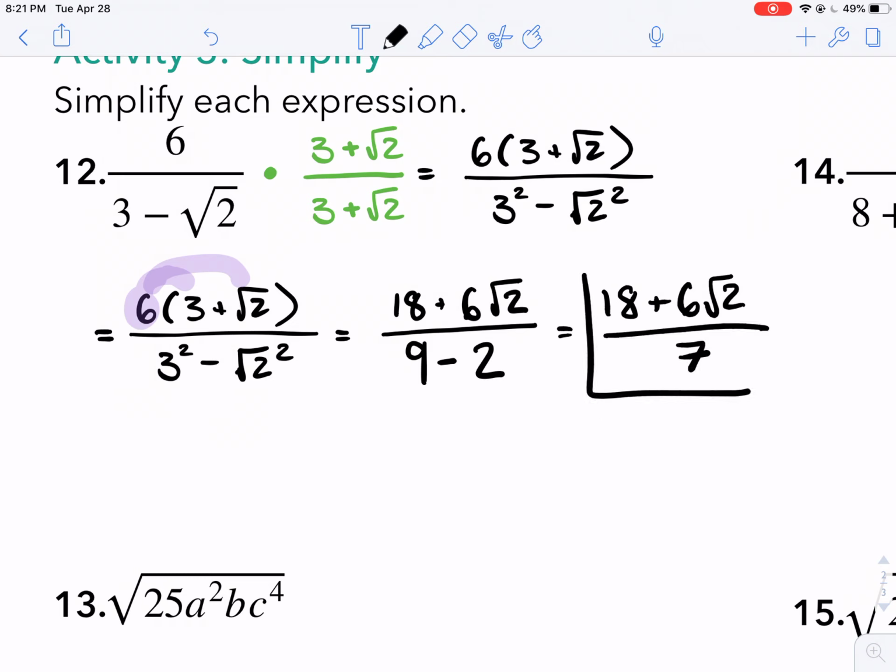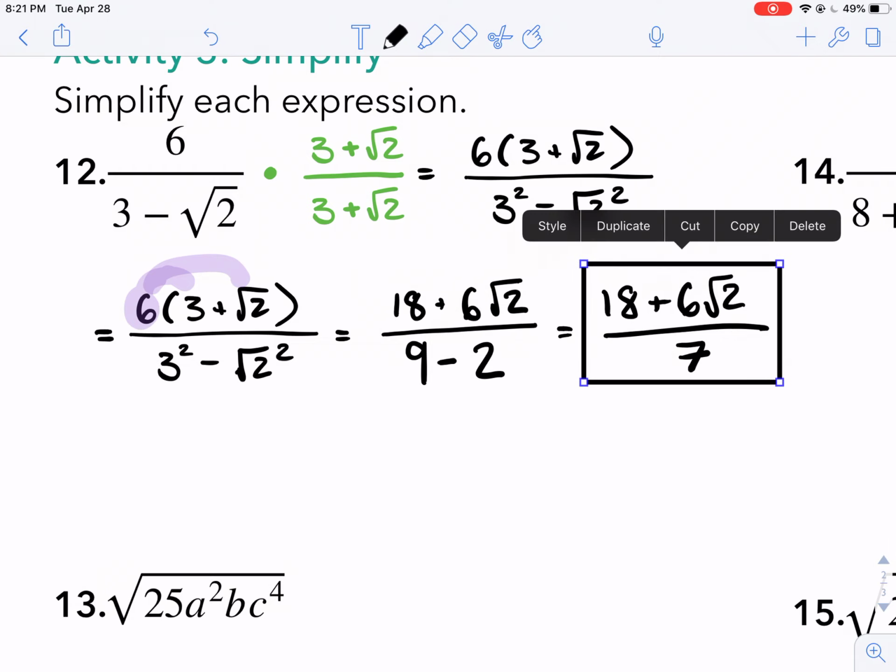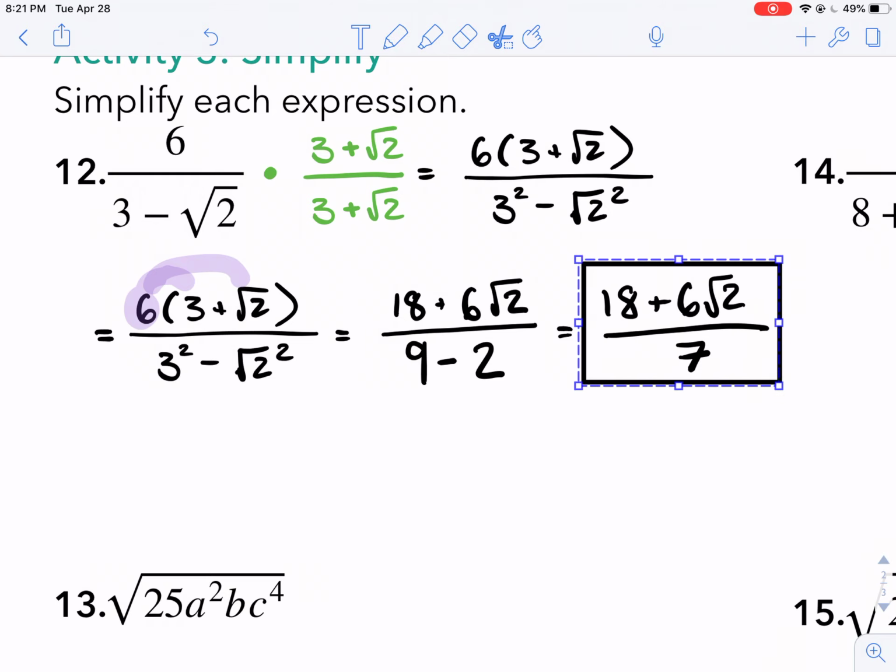Now this fraction cannot be simplified, so that's what we get. Great? Great. Now I know that this might not look any more simple than this to you, but we do not like radicals in the denominator. So the reason it's simpler is because we moved the radical out of the denominator and put it up top here in the numerator.